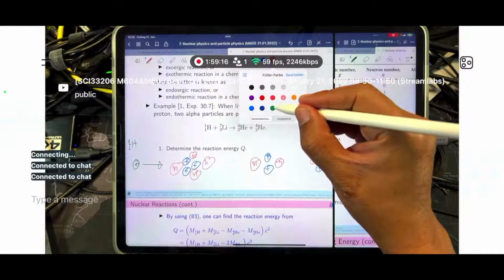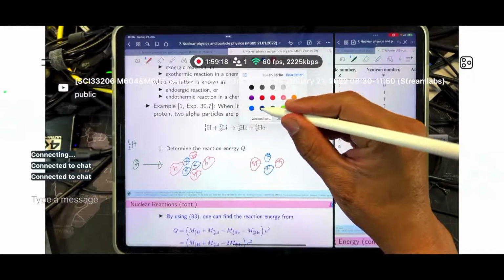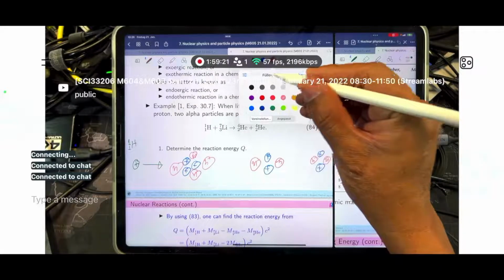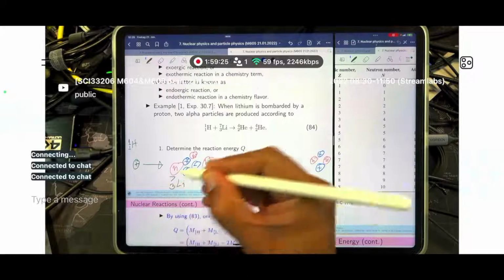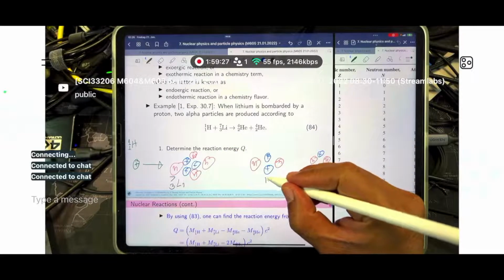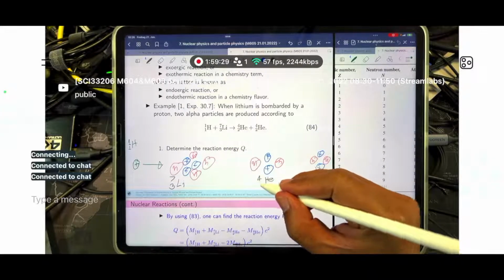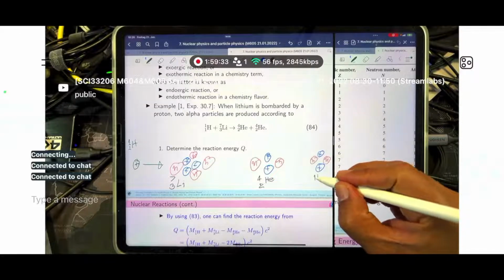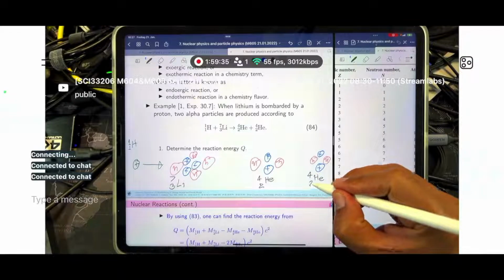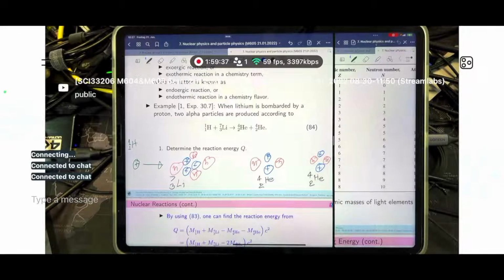This one is known as lithium-7-3, and this one is known as alpha particle, right? Helium-4-2, 2 protons and 4 nucleons. Another piece of helium-4-2. That's the whole thing in this process.